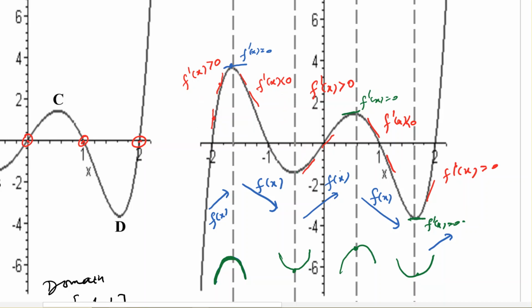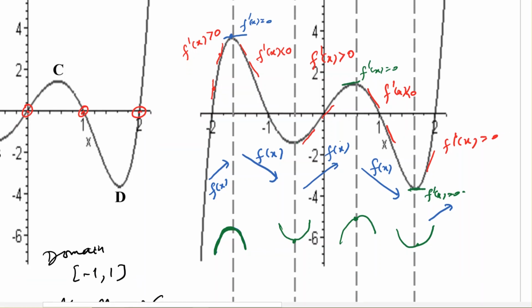So the sign of the slope tells you whether you get an increasing function or a decreasing function. And there is another piece of information that we can derive from here. All these points where we have the dashed line are the critical points, because at these points the slope is 0.